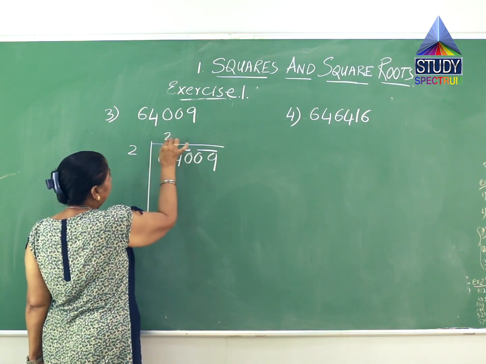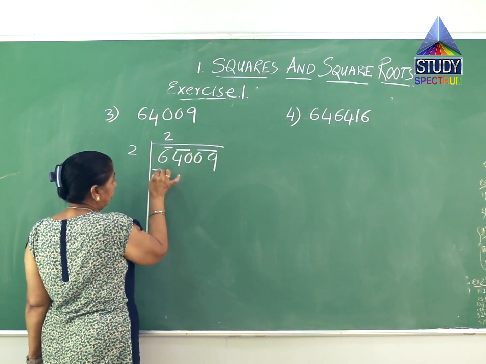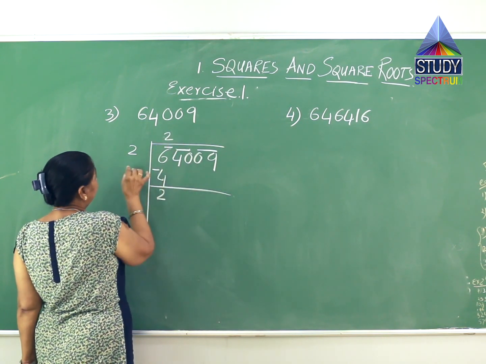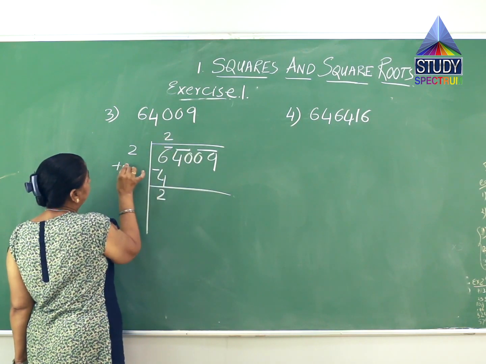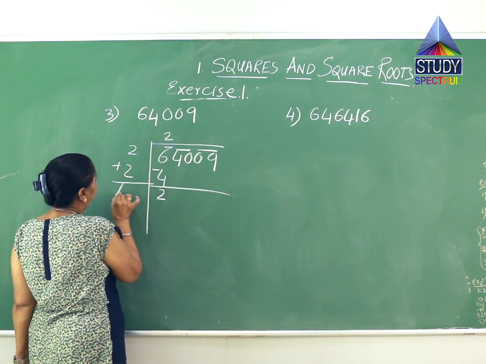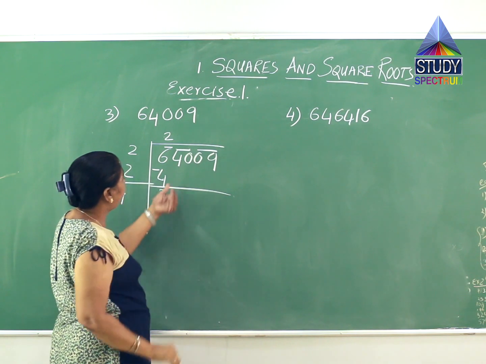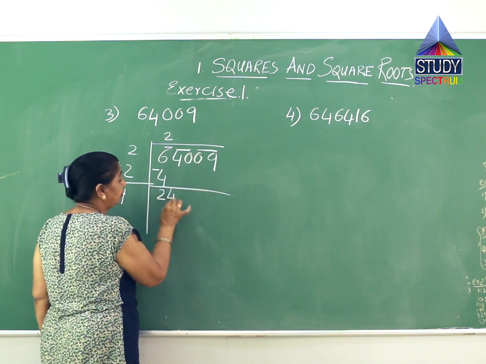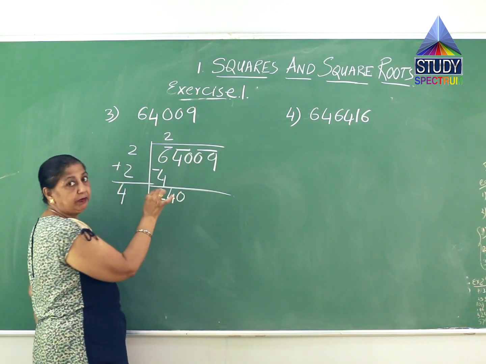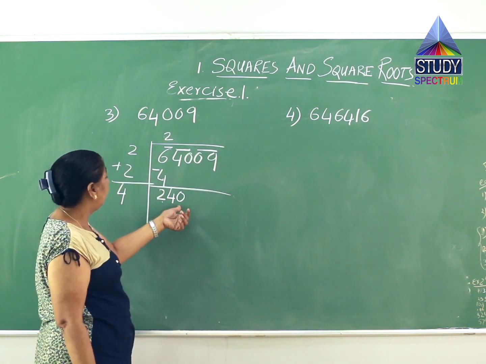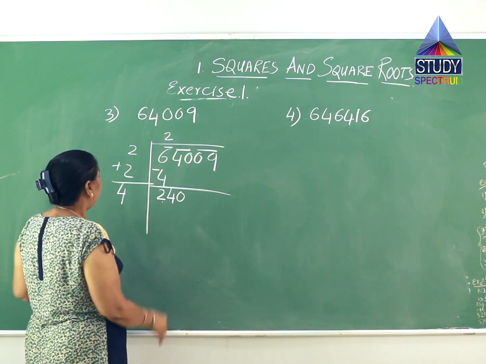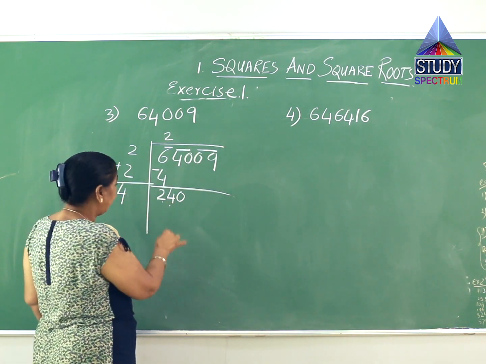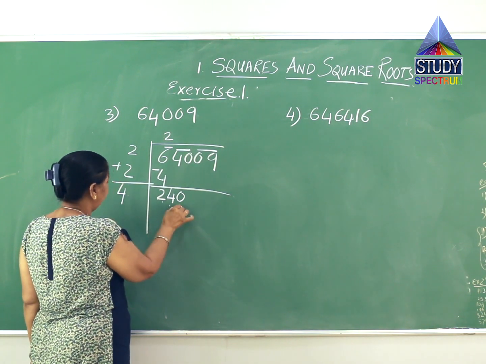So 2 multiplied by 2 gives me 4. Subtract it, it will give me 2. And the next step is you have to add this 2 over here and that will give me 4. Now after that you have to remember that both the digits together you have to bring it down. That will make 240. Now I have to take such a number that will give me this number exactly or the number near to it.